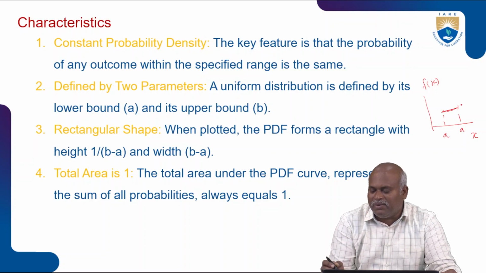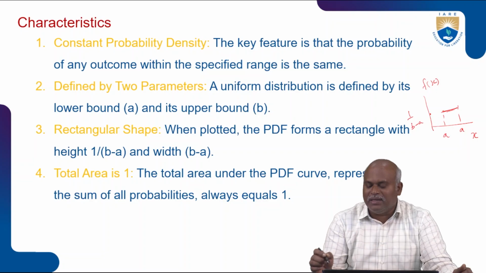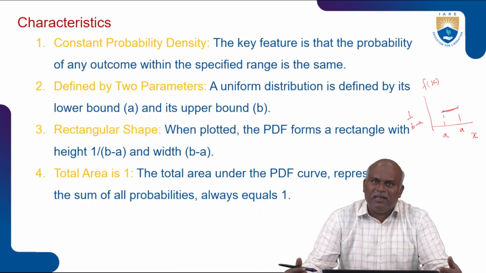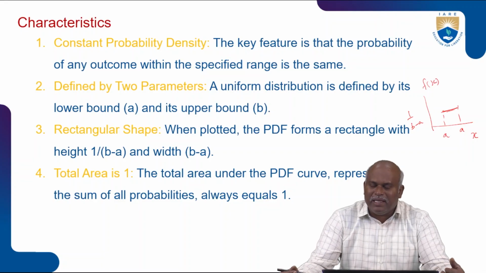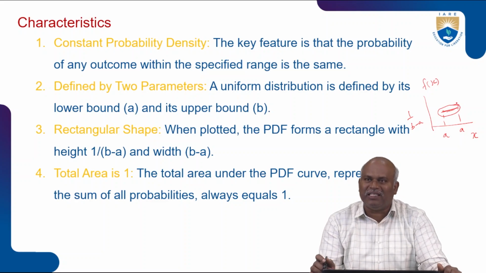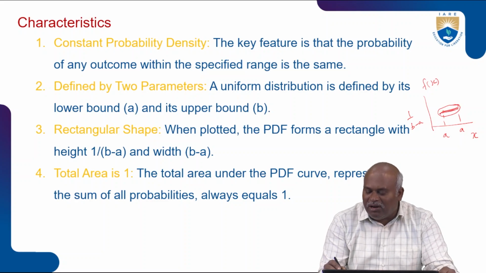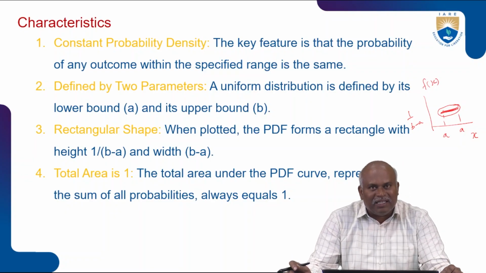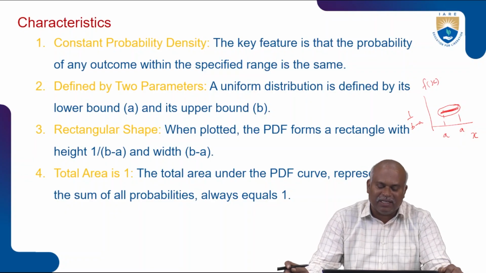This is uniform. The probability density function value is equal to 1 by (b minus a), which is represented as the amplitude. Here the probability density function doesn't change. It's constant, so it is considered a constant probability density function.